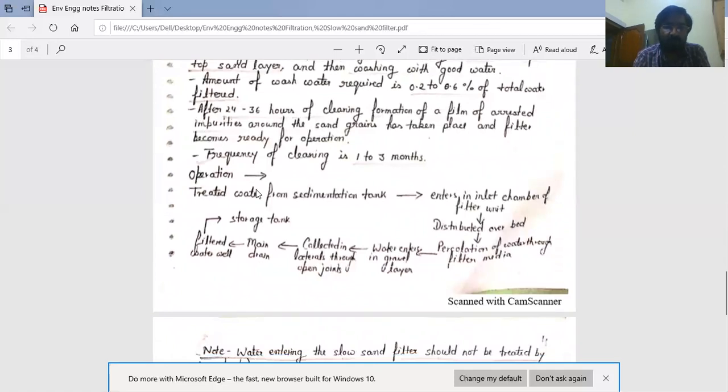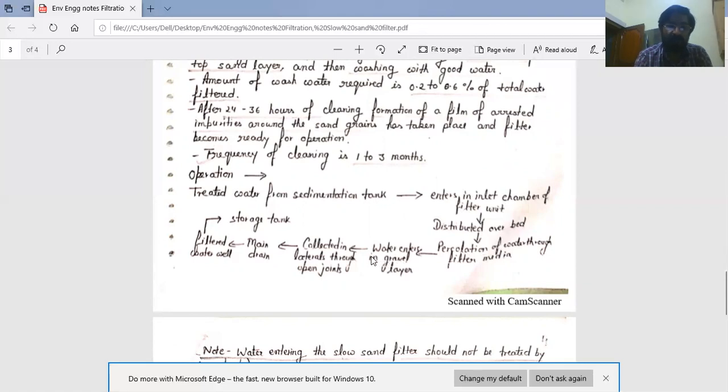Operation of slow sand filter. First, treated water from the sedimentation tank enters the inlet chamber of the filter unit, is distributed over the filter bed, and percolates through the filter media. Water then enters the gravel layer at the bottom.